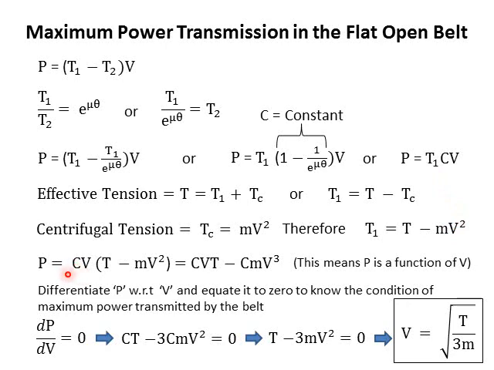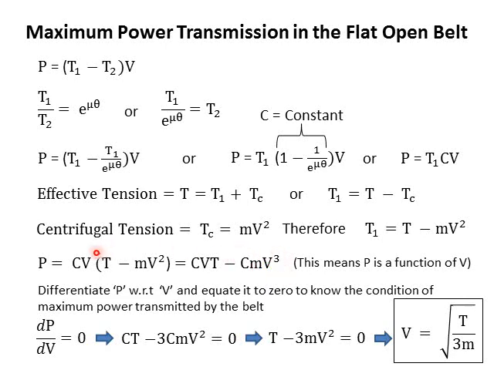What we get is P is equal to Cv, with the value of T1 inside the bracket. Multiplying Cv with the terms inside the bracket, we get CvT minus Cm v cube.